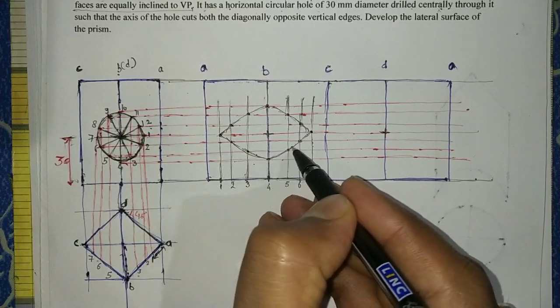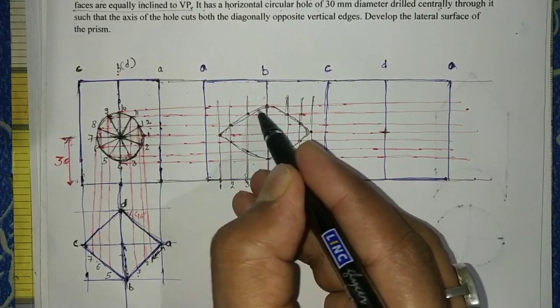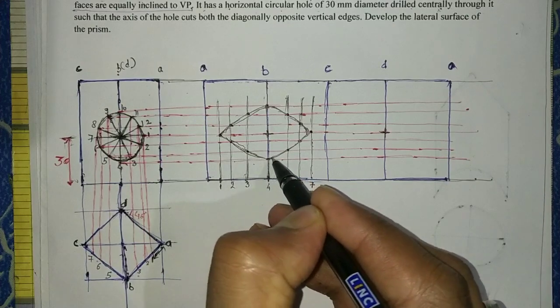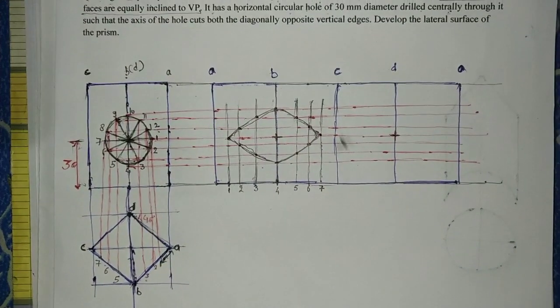As we have drawn it free-handed, that's why it is not coming like an exact ellipse.